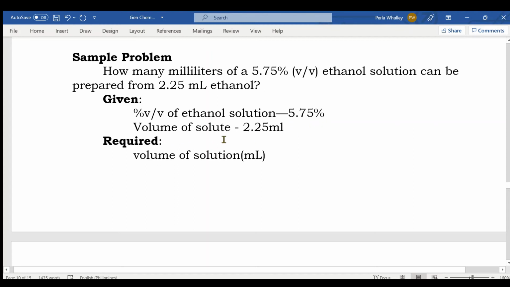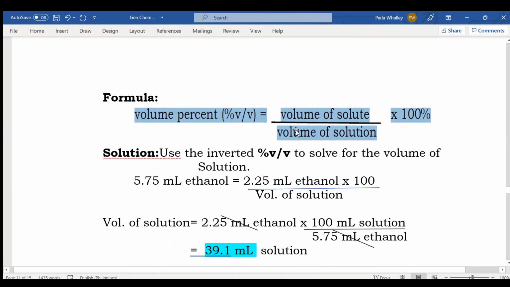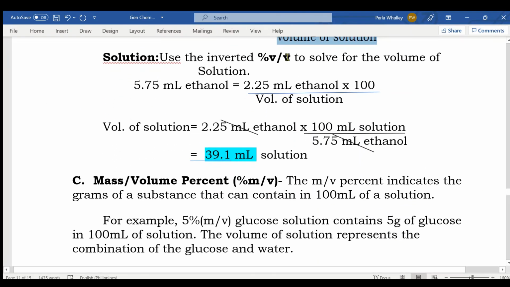Volume of solute is equal to 2.25 ml. Required: volume of solution in ml. Formula and the solution: use the inverted percent v over v to solve for the volume of solution.